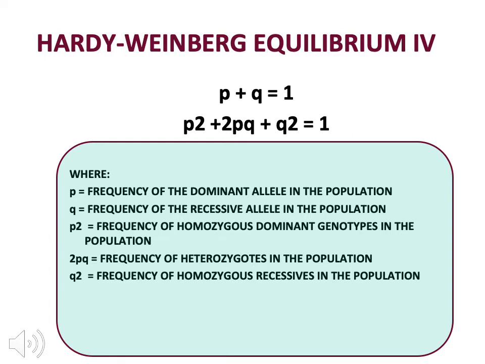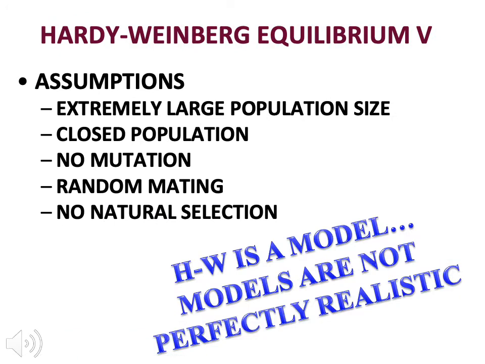Now, Hardy-Weinberg is a model. A model is a representation of reality. Models necessarily are simplified versions of reality. It's a way that we're able to actually describe reality in a simplistic manner.